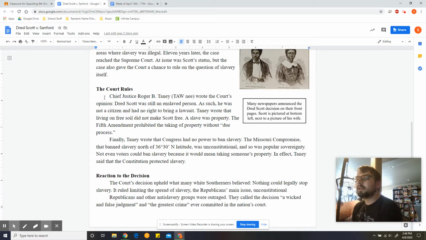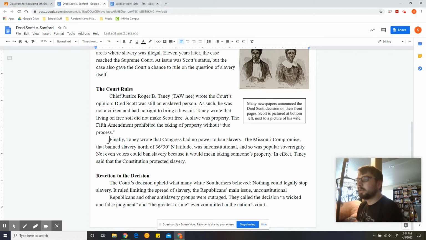Taney wrote that living on free soil did not make Scott free. A slave was property. The Fifth Amendment prohibited the taking of property without due process. So basically, because he is a slave, he is property, and therefore the government cannot take property away from the owner.